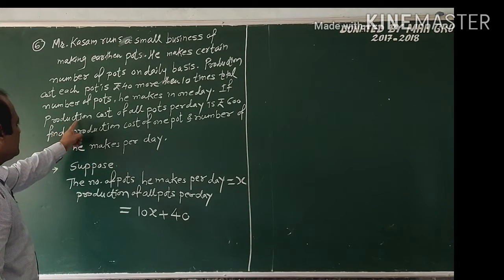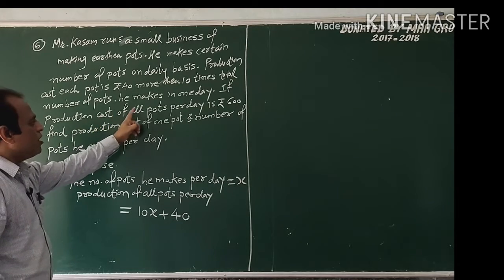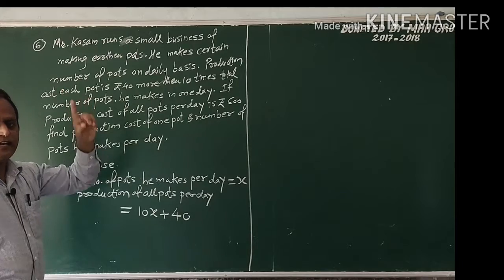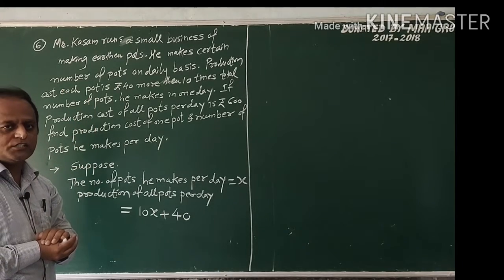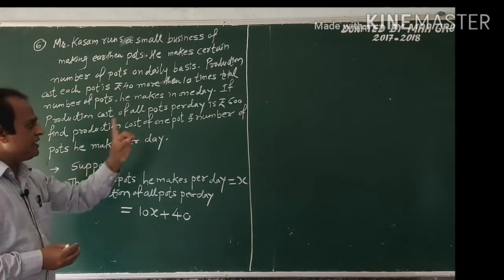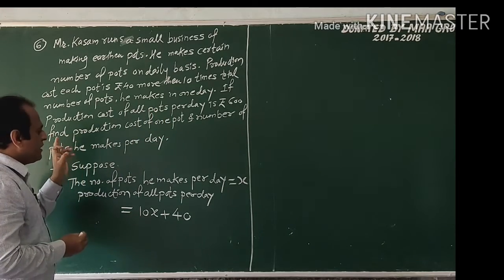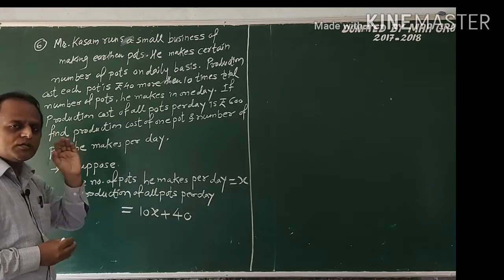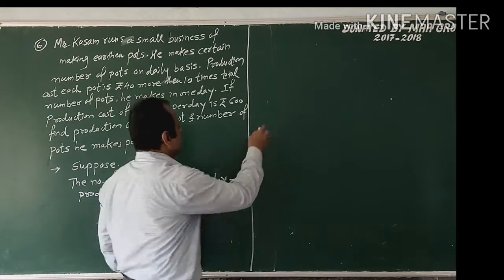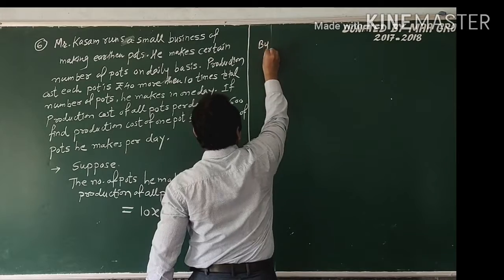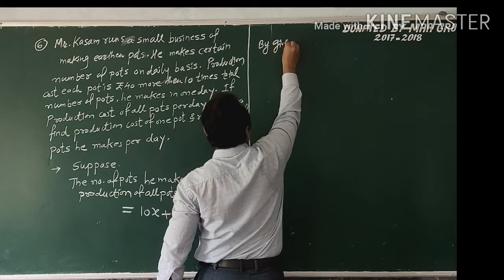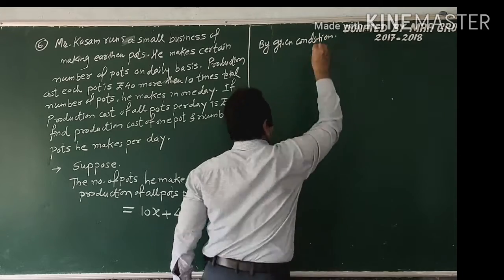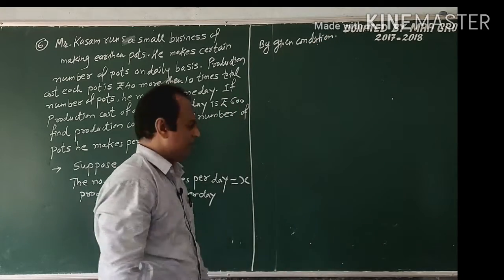Here it is given that the production cost of all pots per day is 600. That is, the total cost of pots he makes per day is 600. And we have to find the production cost and the number of pots per day. Now we will write here, by the given condition, the production cost is 600.